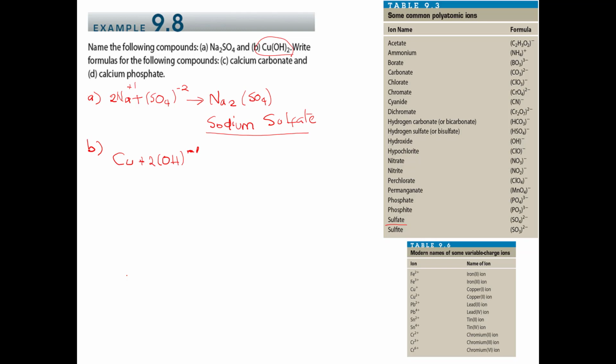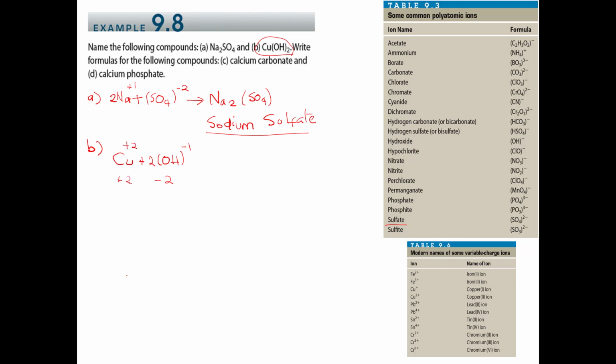Now, copper can be +2 or +1. But with the formula, with the equation, we will know if the copper is +1 or +2. This is -1, then here 2 times -1 is -2. Then in order to be neutral, the copper must be +2.